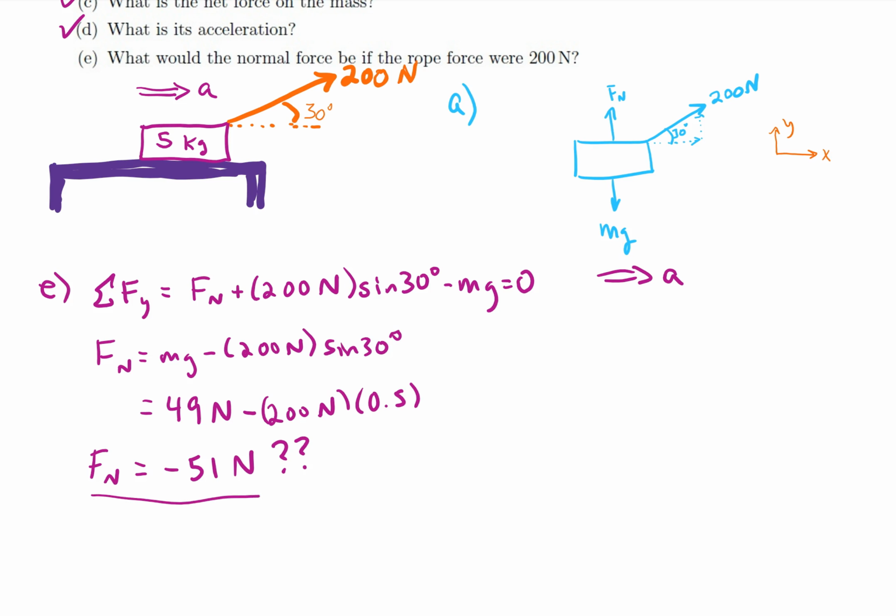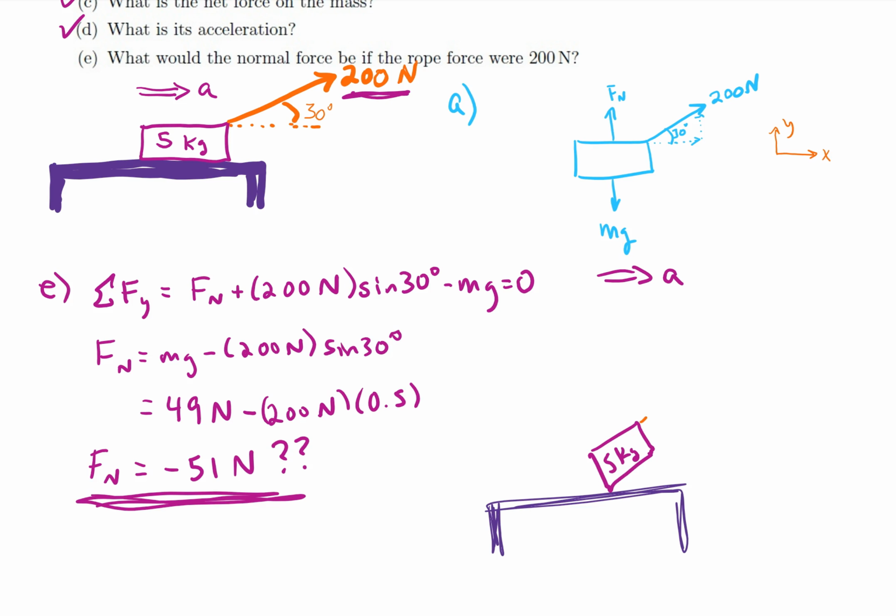So what this means really is that the 200 Newton force that the person is pulling with now is so strong that in reality the 5 kilogram box would no longer remain on the table. It would get pulled up off of the table. So there's my table, and here's my box.